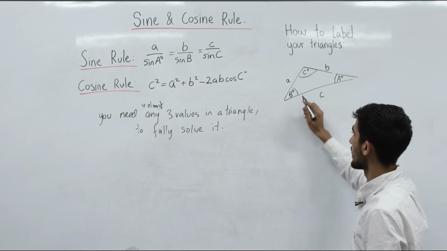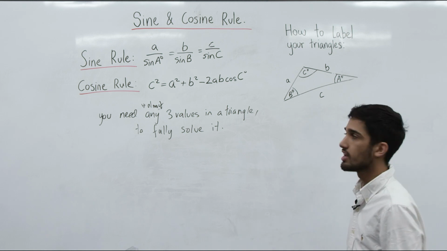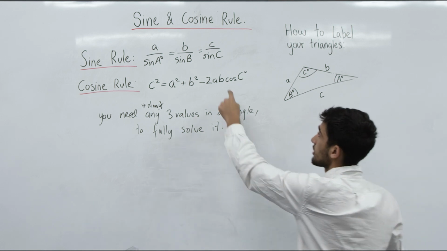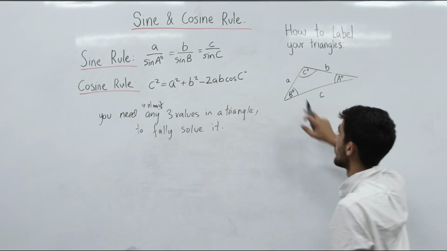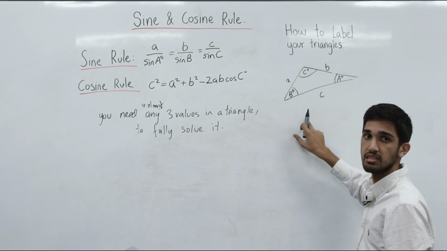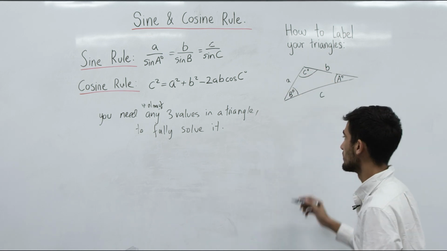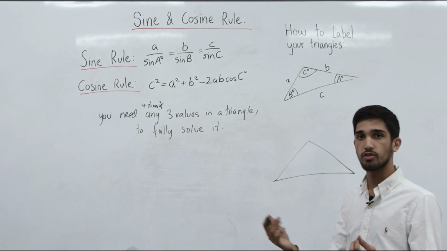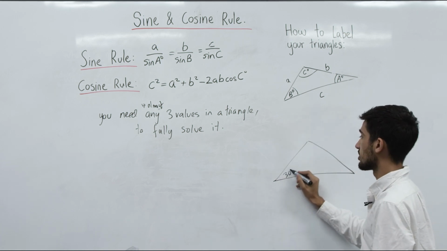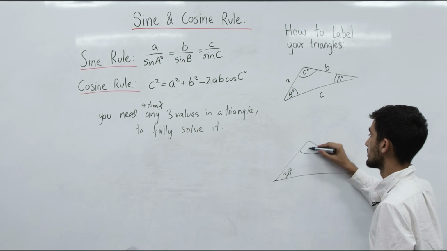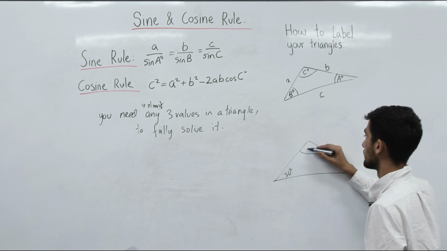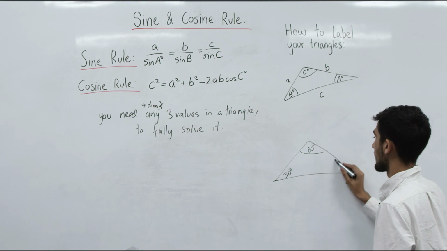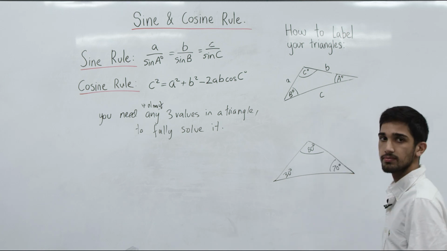Because if we have a triangle where we know A, B, and C, we cannot actually use either of these formulas to find the side lengths A, B, and C. The reason that actually is the case is, let's say I have a triangle like this, and the only 3 values I'm given are this is 30 degrees, let's say this is 80 degrees, and this is 70 degrees.